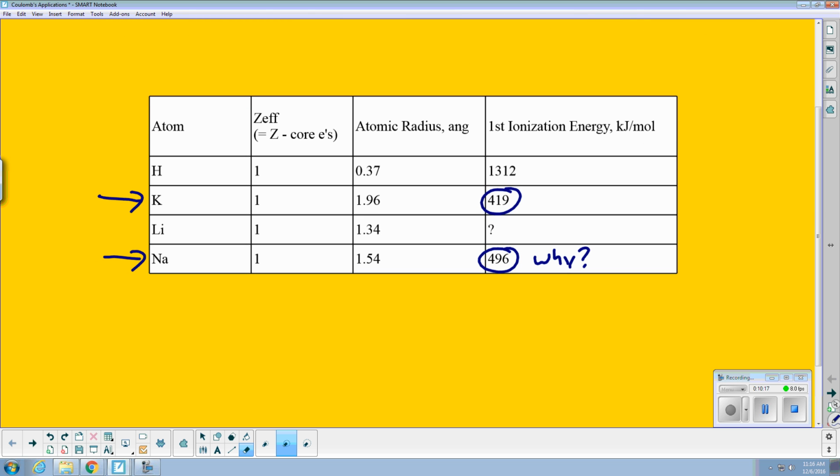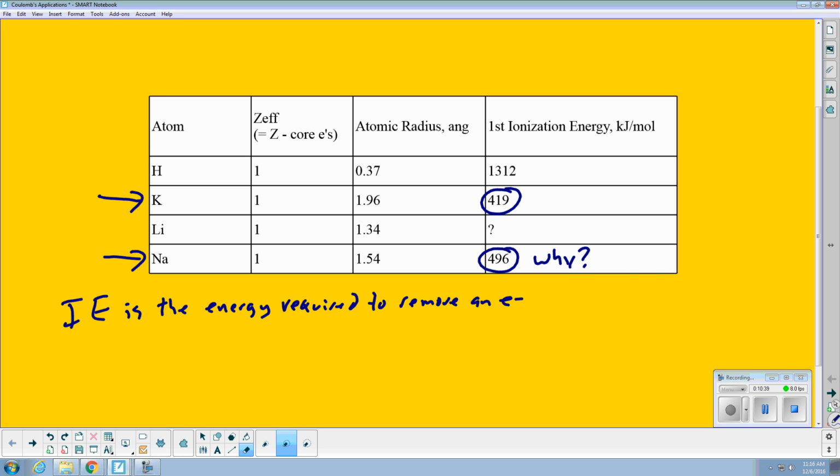Well, here we go. What is ionization energy? Ionization energy is the energy required to remove an electron from an element in its gaseous state.